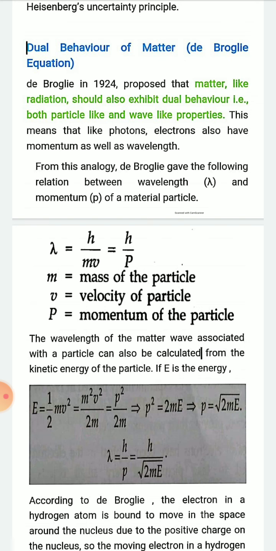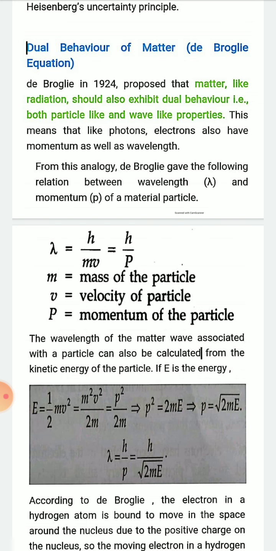The wavelength, that is lambda, is equal to h by mv or h by p. If the kinetic energy of the particle is E, capital E, and we know that kinetic energy E is equal to half mv square.